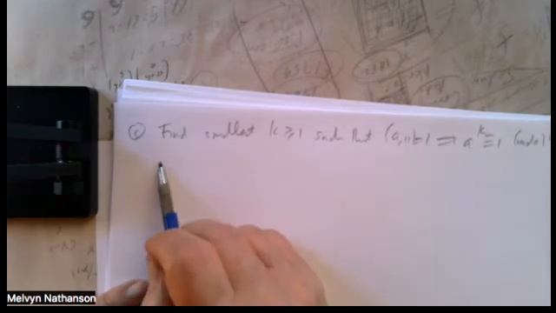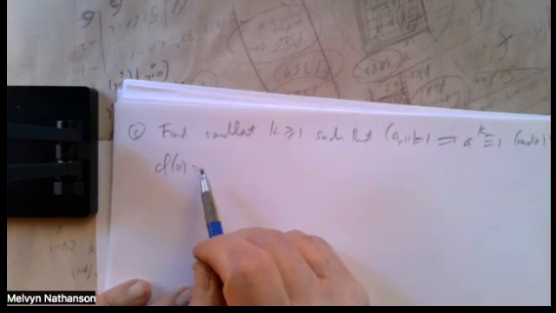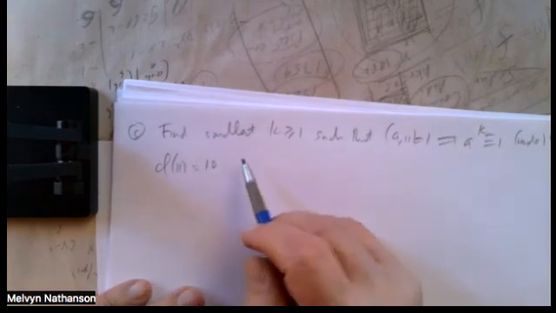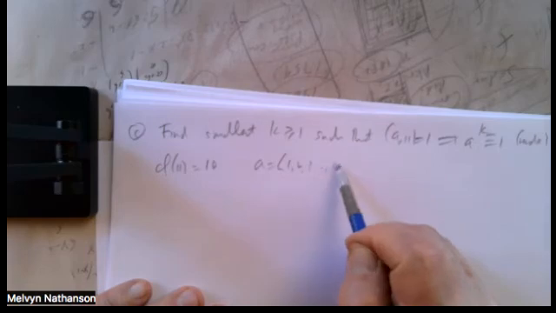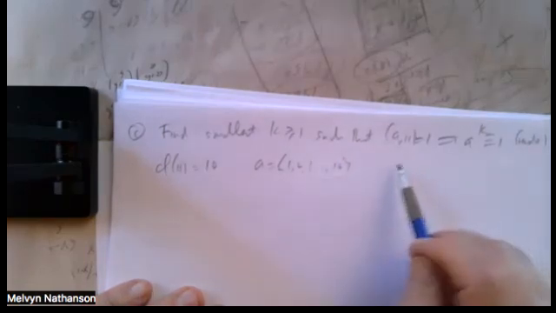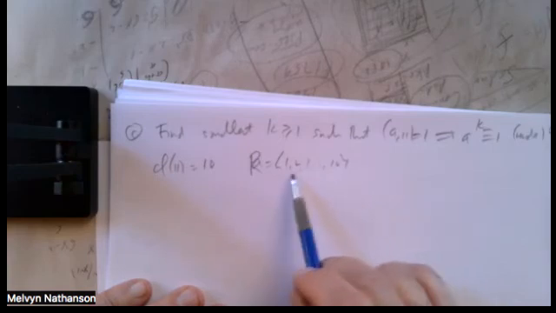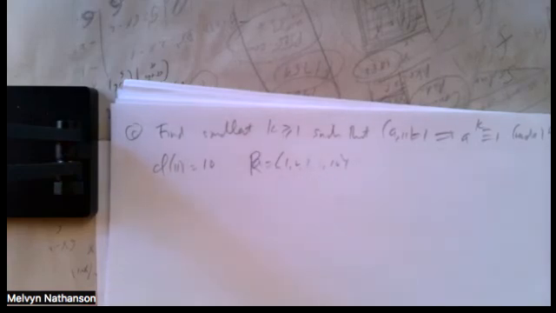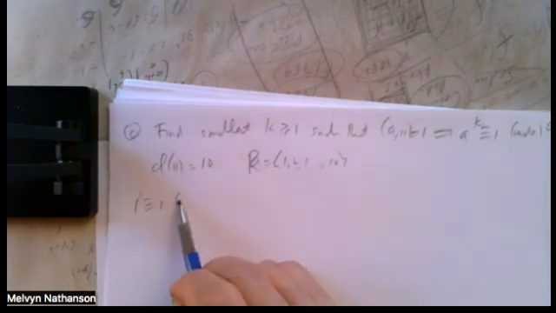Now, phi of 11, the number of integers up to 11 relatively prime to 11, is 10. So take any of the numbers from 1 up to 10, every number in here is relatively prime to 11. Of course, 1 to the first power is certainly 1 mod 11.